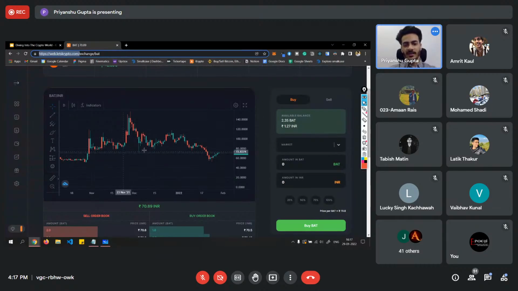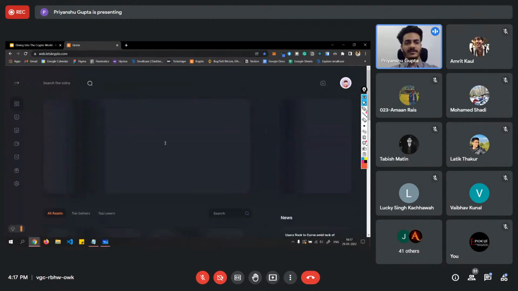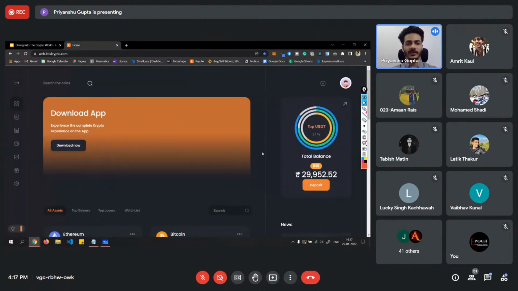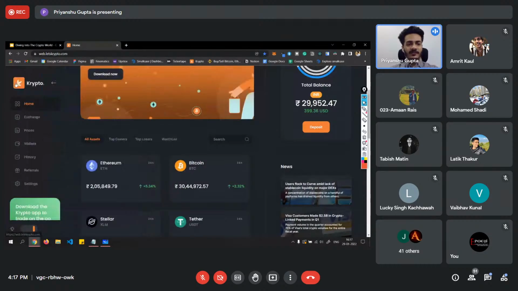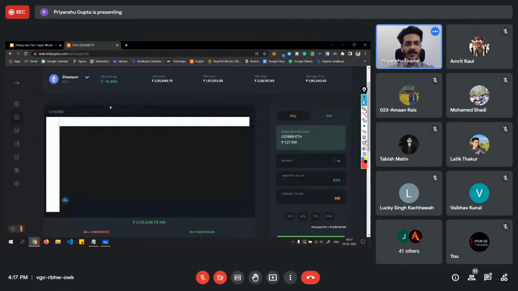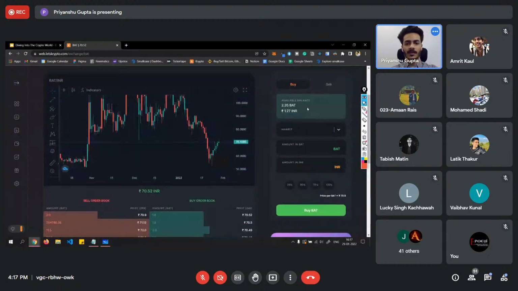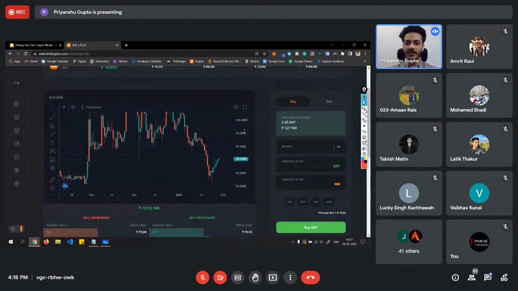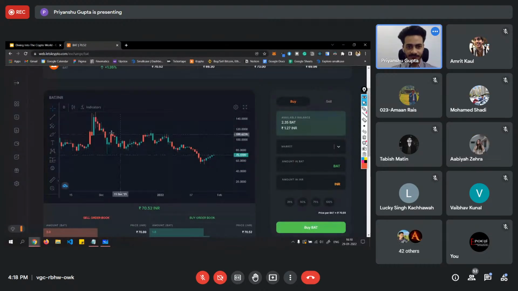But for traders, suppose I open a coin here. First of all, you will see this interface of Let's Crypto here. You can see all the coins here. Now I will go to exchange. I can select the coin. Now I'm selecting BAT. In this graph, I can reduce the period also.